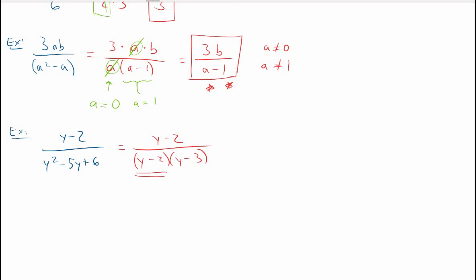And we see that's important right here because the next step in this process is going to be to cancel any common factors. Well, we need to see that really y minus 2 is its own factor in the numerator, being multiplied by 1, and y minus 2 is its own factor in the denominator. So we're going to cancel both of those binomials as they're each a factor.